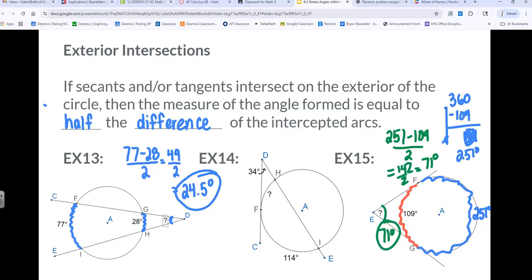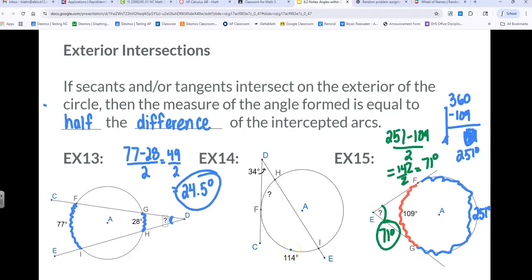Okay, now 14 is the trickiest one of these all, because we don't have this smaller arc, right? And do we have any way of really finding it other than like this? I can't just double 34, or there's not a simple way of finding it, right? Because that's not half of the circle, so I can't do 180 or 360 minus 114.